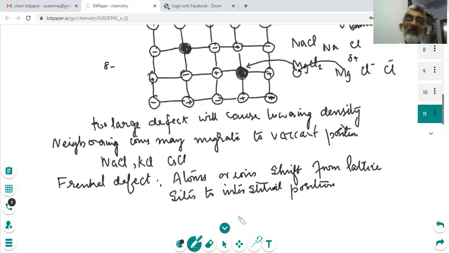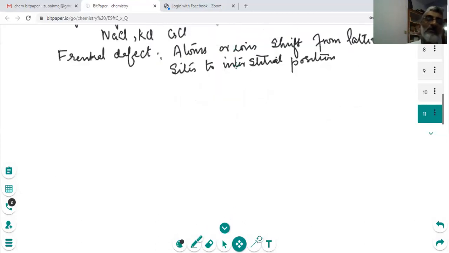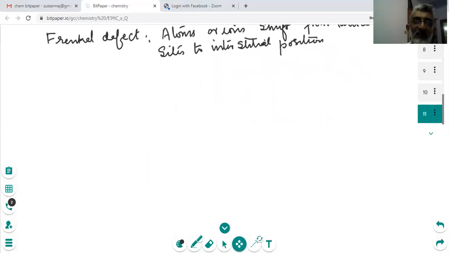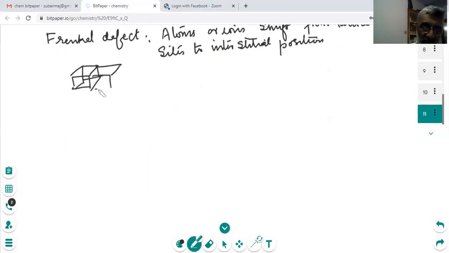Again, think about a simple cubic structure. It can have motifs only in the corners.